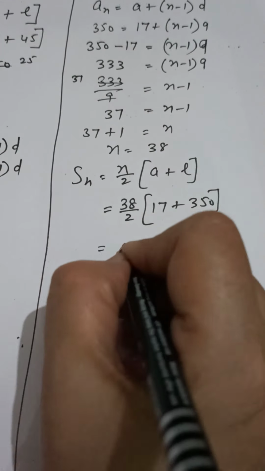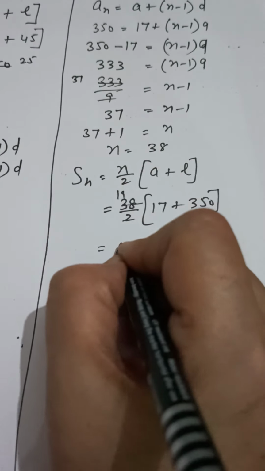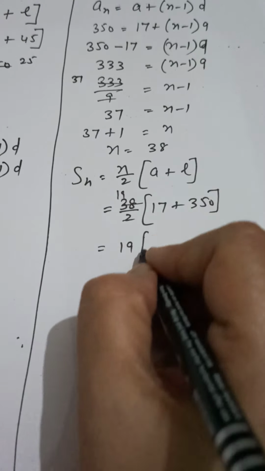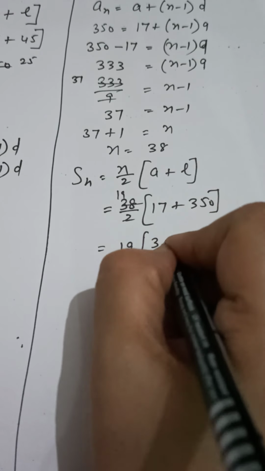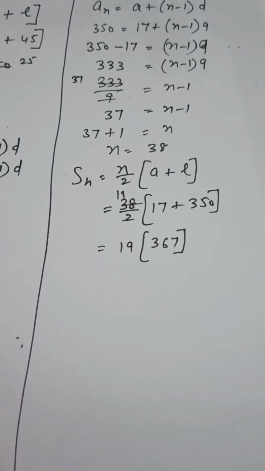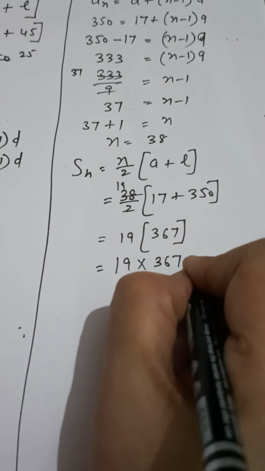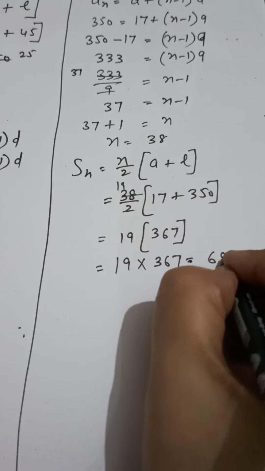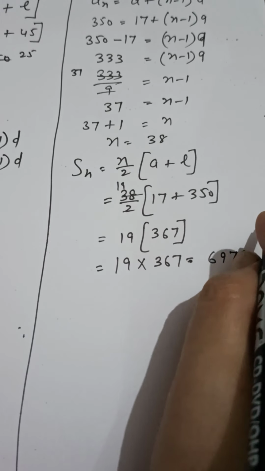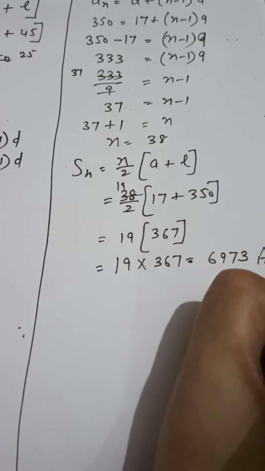What do we get? We will cut this, we got 19. In the bracket, we will add these, 367. So 19 multiplied by 367, we got the answer, that is 6973. That is your answer.